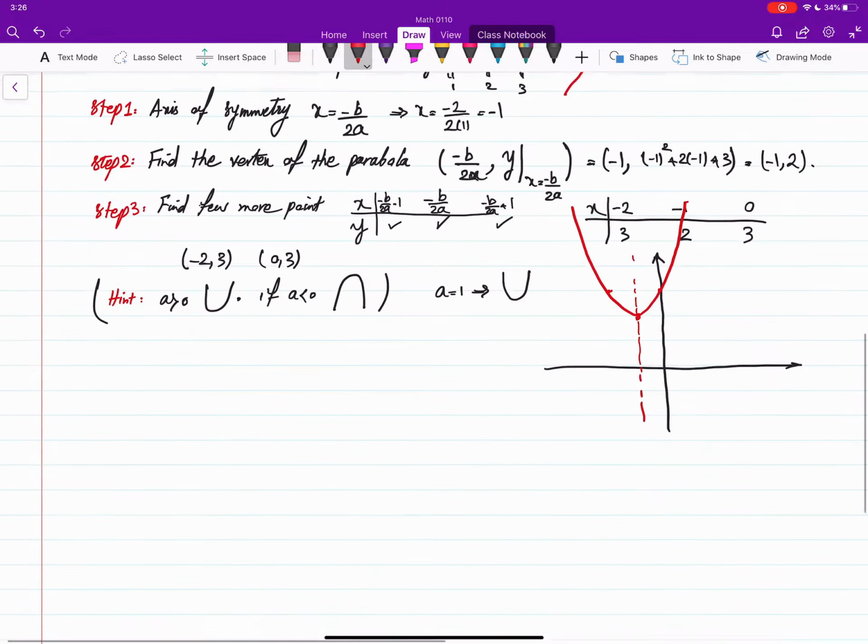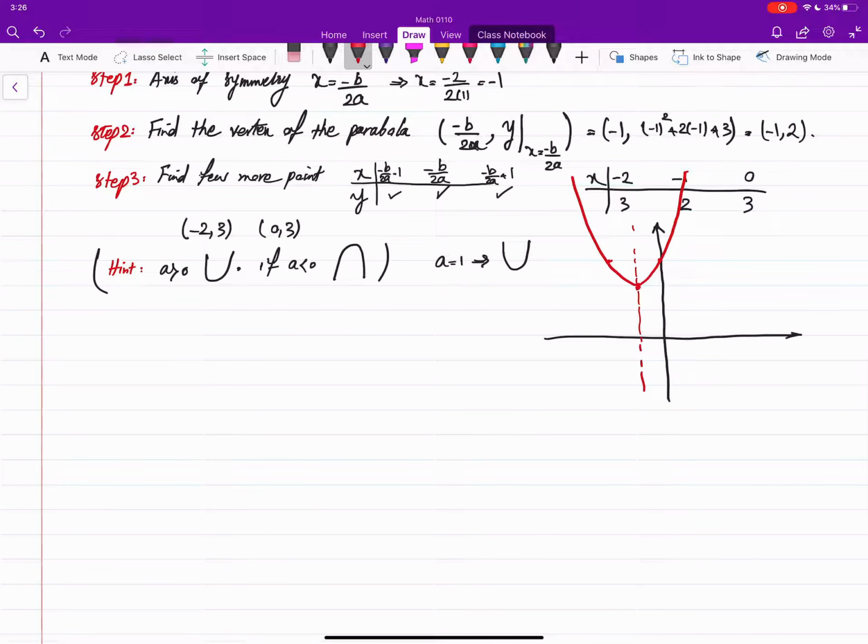Well, now that you see the graph of a function is a curve, you may ask yourself, is every curve a graph of a function?